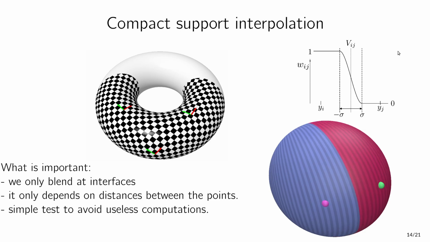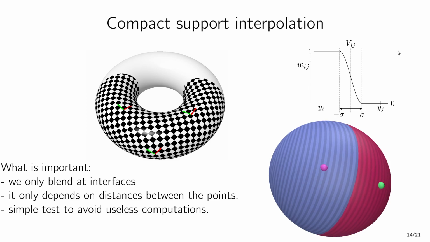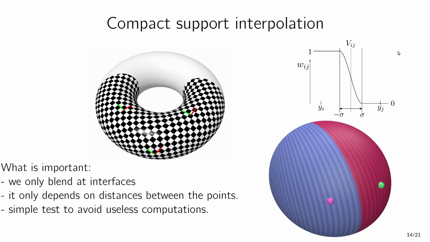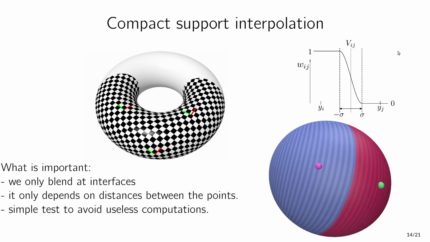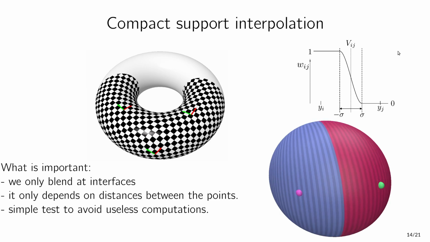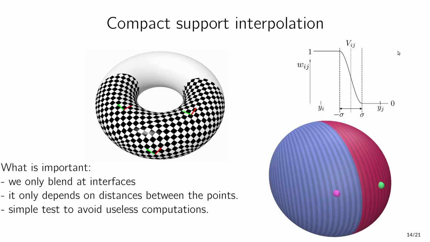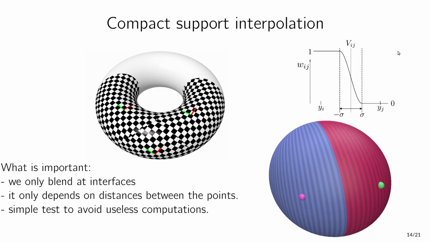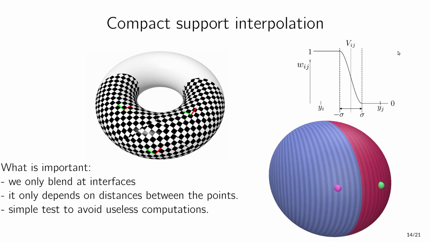The way we do that only depends on the geodesic distances between the points, and very importantly, we have a simple test to check if another seed has any chance to have an influence on the result, and if it's not the case, then we can simply avoid computing the geodesic to that seed to save a lot of time. All right, and so that's for the weights.